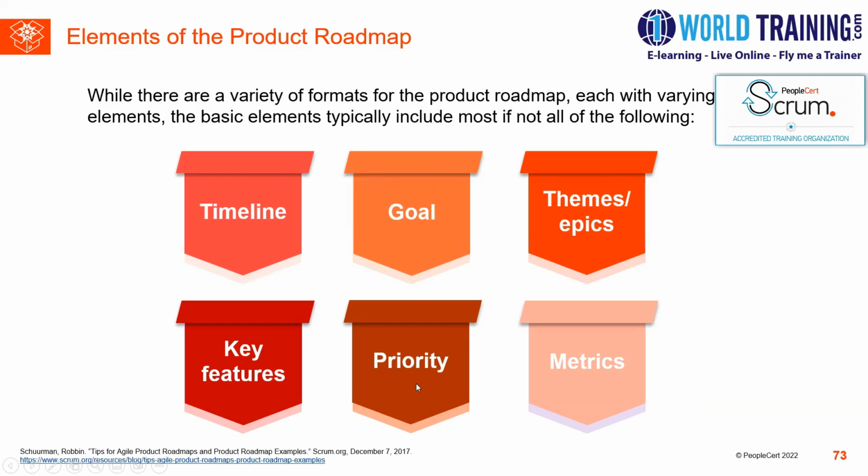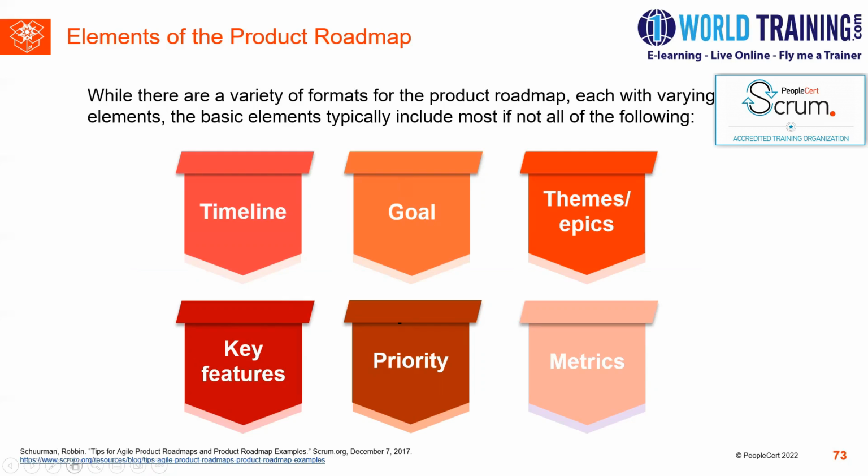The priorities have to be defined, and then the metrics you want to build around your product roadmap. So these are the key elements of the product roadmap, and you can always refer in detail by clicking on this hyperlink or URL.